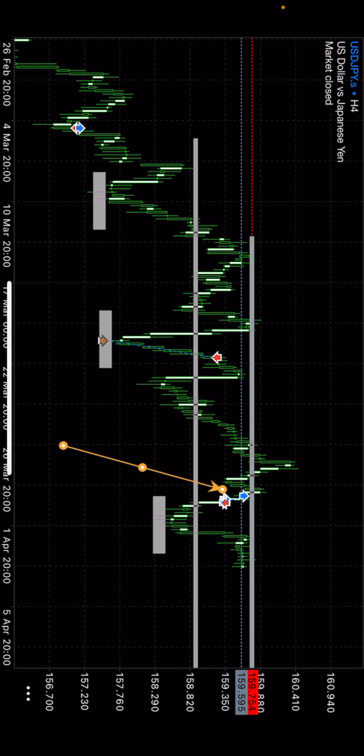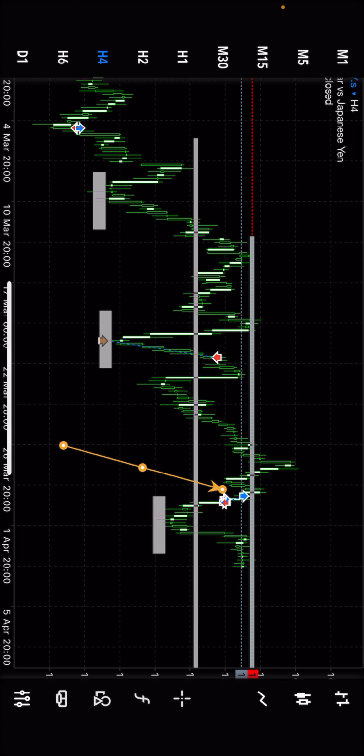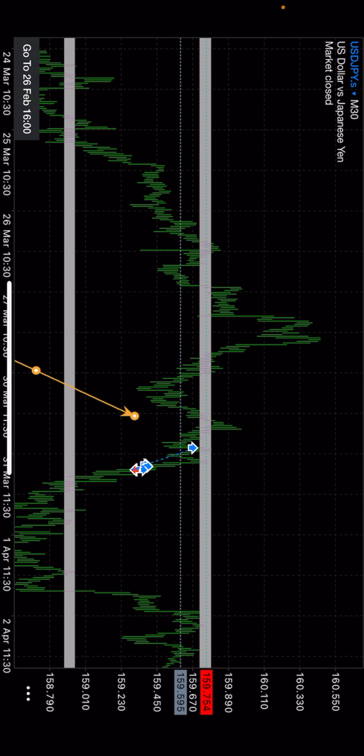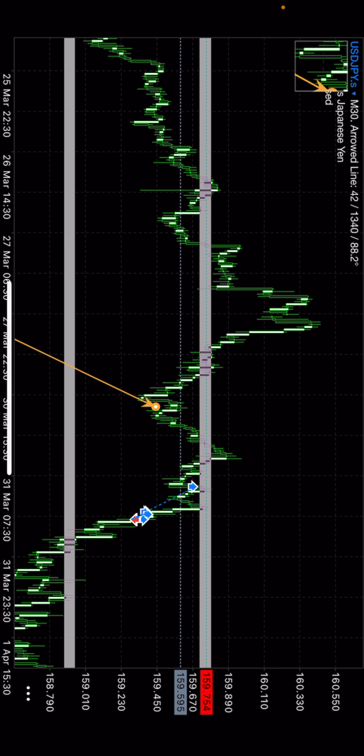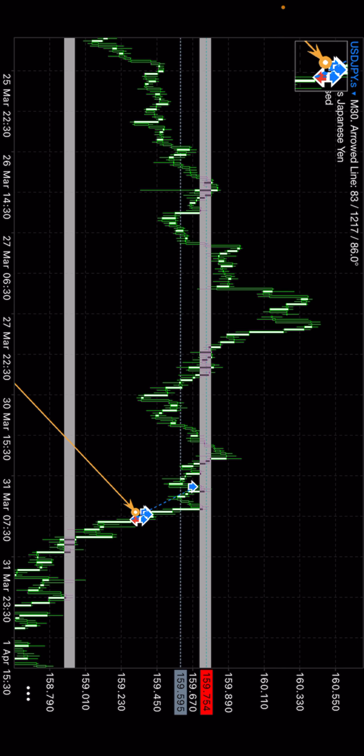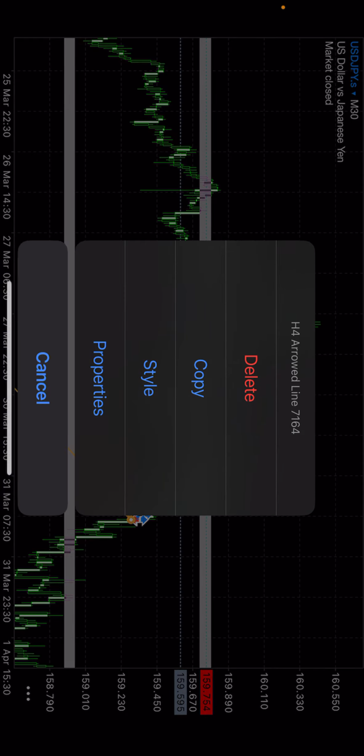So on the 4-hour time frame, on the 30 minutes time frame, you can see we had that break of structure right there. I entered right here, but for whatsoever reasons I was taken out, and I took the loss.